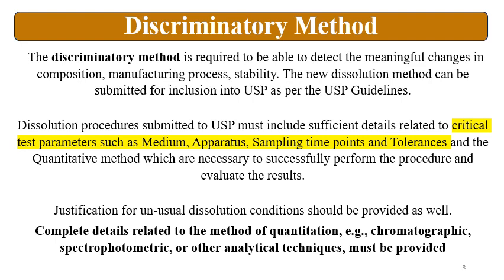For example, you are using paddle apparatus and if you want to run that paddle at 100 rpm or 150 rpm or 120 rpm, then that will be a little bit unusual type of dissolution condition.